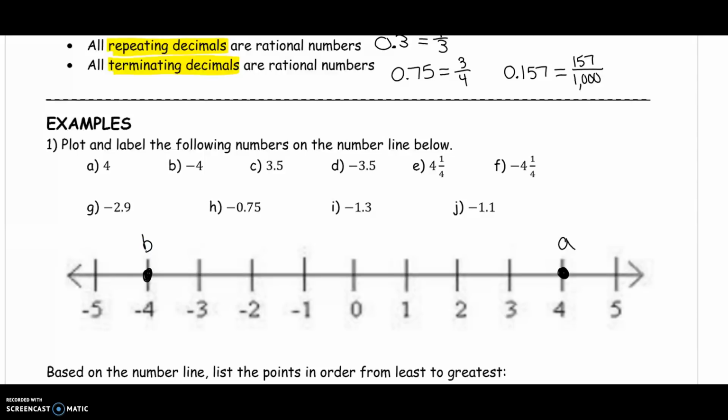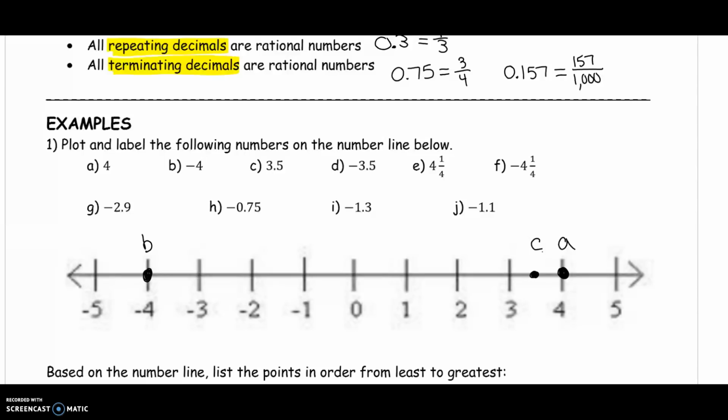Next one, C, says 3.5. And we know that 3.5 is between 3 and 4. Exactly halfway between. So we're going to put a point about in between 3 and 4 and label that point C. The next one is -3.5.